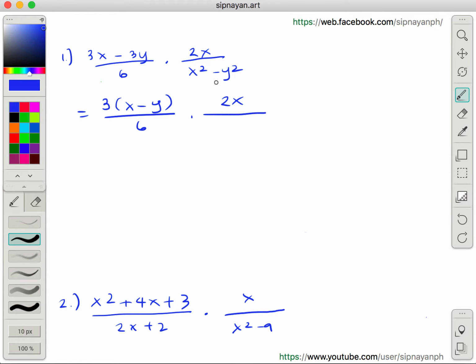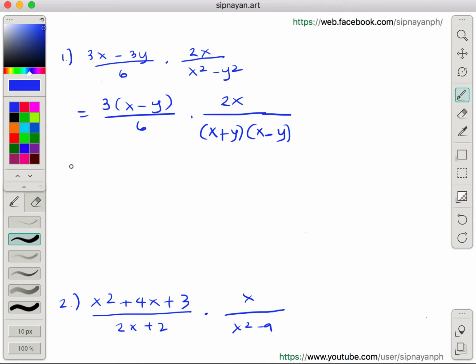This is a difference of two squares, diba? Napag-aralan natin sa factoring. If we have a perfect square, dalawa yan: yung isa plus, yung isa minus, tapos we get the square root. You can check: pag i-multiply nyo yan, ito yung magiging product niyan. Okay?